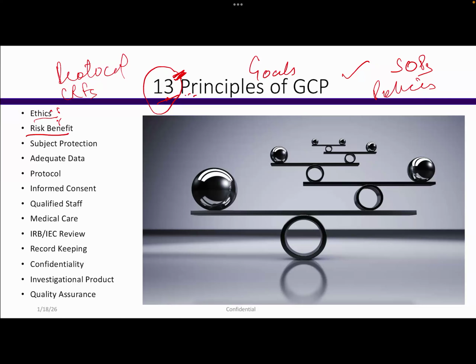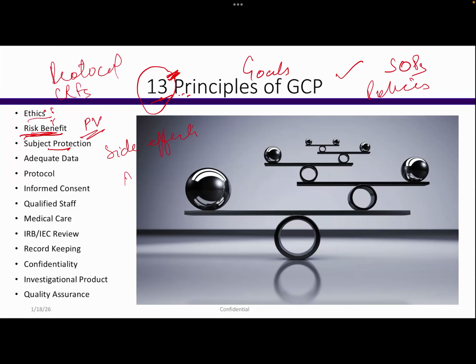Risk and benefit. Every day when you are doing your job in clinical research, you have to evaluate this. And we have a full function, pharmacovigilance. When the drug is in the market, you keep on measuring the side effects. So that is to evaluate this. Subject protection, you do by informed consent form, and you measure your AEs, SAEs, ADRs, all are protecting subjects.